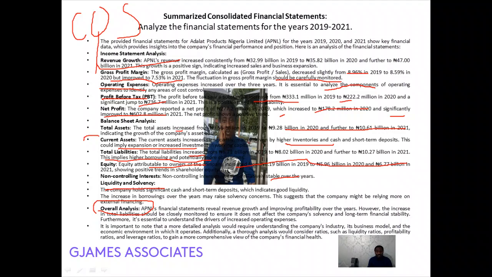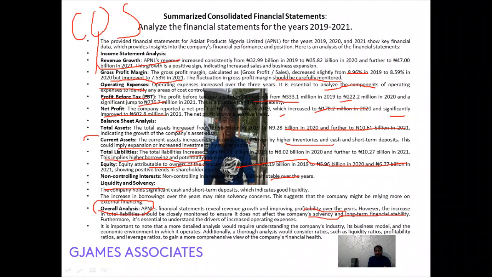Said AP or ADALAT, as we are used to now, financial statement review: revenue growth and improving profitability over the years. Don't forget we have a bit of fluctuation there, but overall now. However, the increase in the total liability should be closely monitored to ensure it does not affect the company's solvency and long-term financial stability.